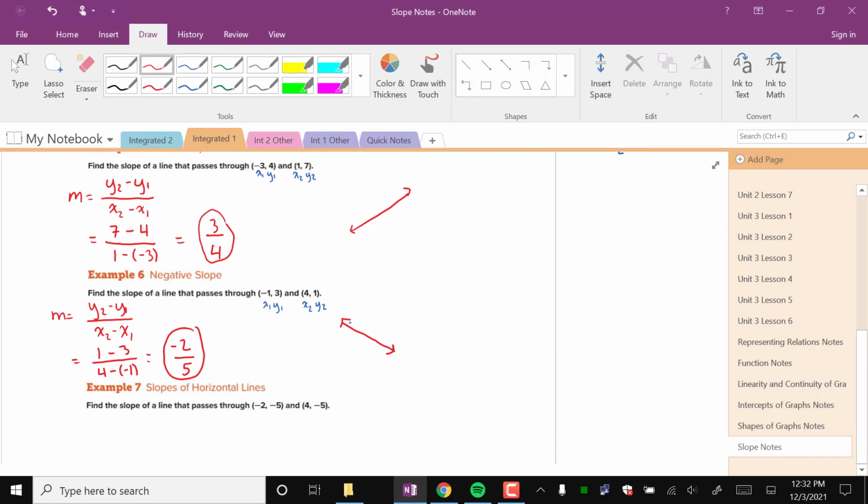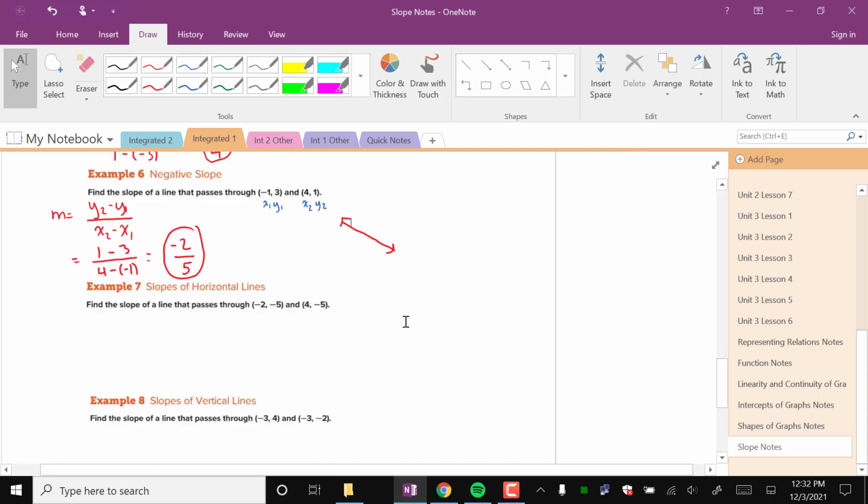Let's take a look at the next one. Again, my first point is going to be my x1, y1. My second point is going to be my x2, y2. Using the same equation, m, or slope, equals y2 minus y1 divided by x2 minus x1.